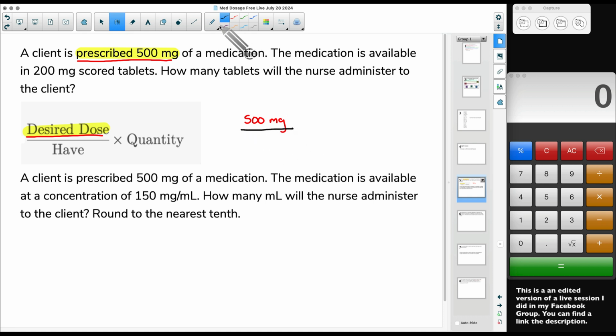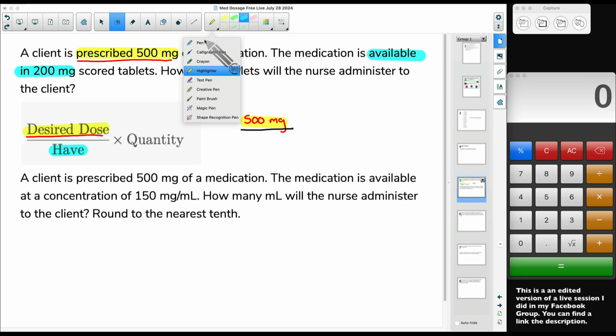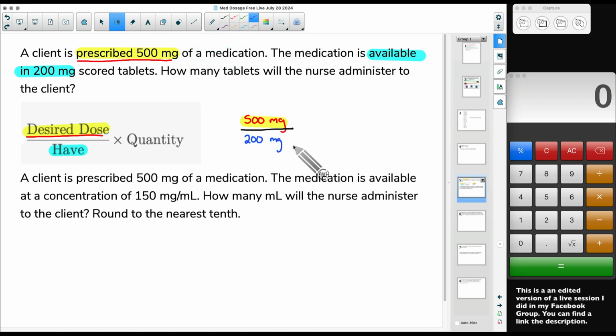So 500 milligrams, that is what's desired. That is what is needed, the prescription. Whereas the word have, sometimes students refer to this as what is available, what is on hand, what does the pharmacy have? Well, what's available is 200 milligrams. So 200 milligrams is what they have on hand, but it's also, what does this thing quantity represent?